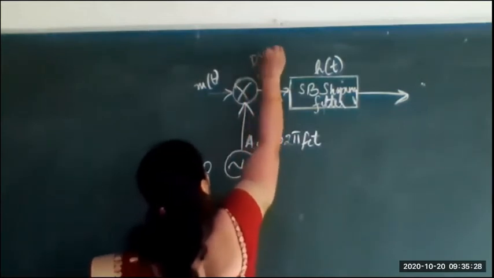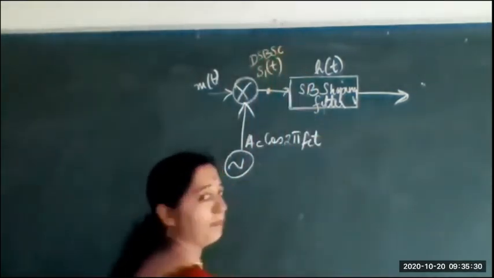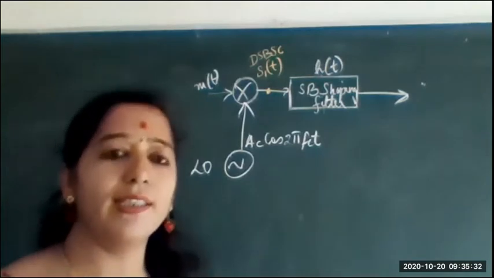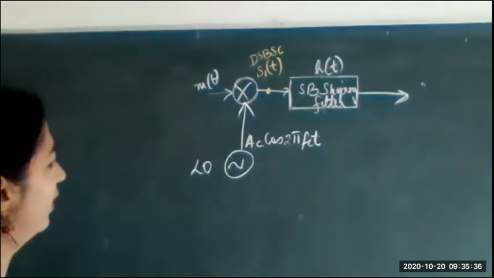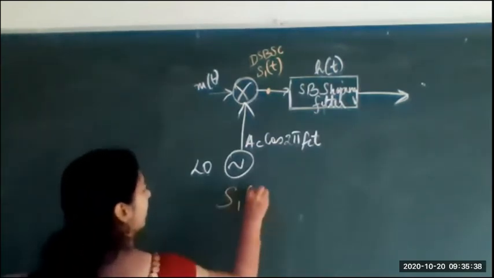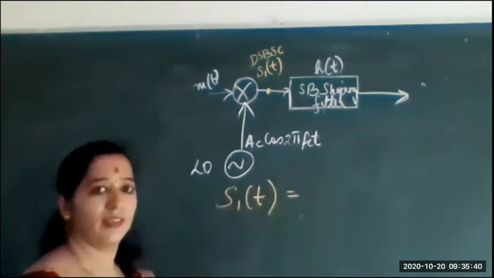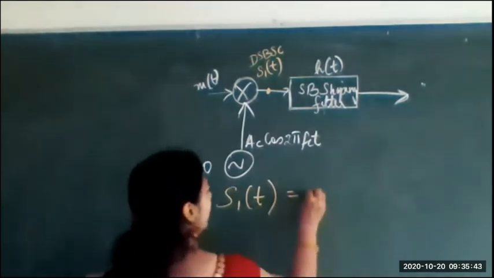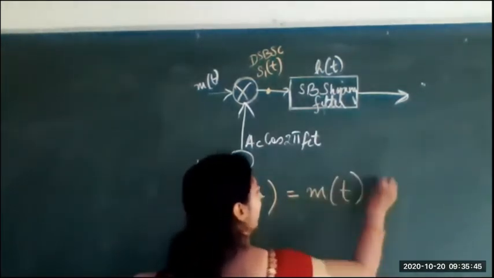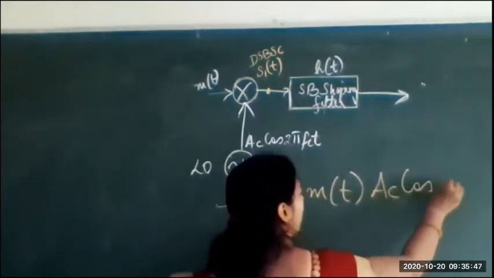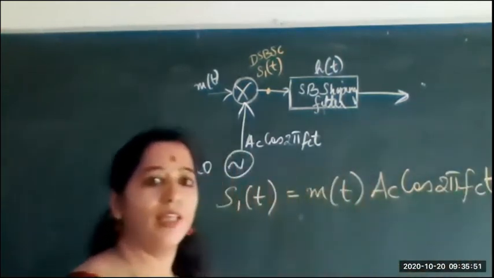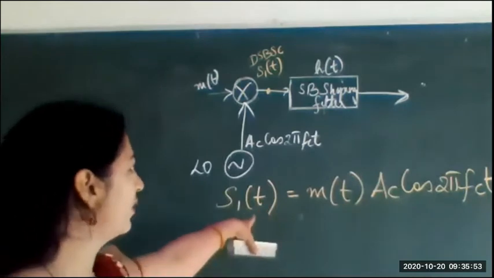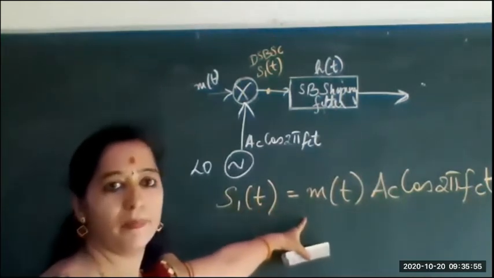This is a double sideband suppressed carrier signal, and S1 of t is m of t into Ac cos 2 pi fct.